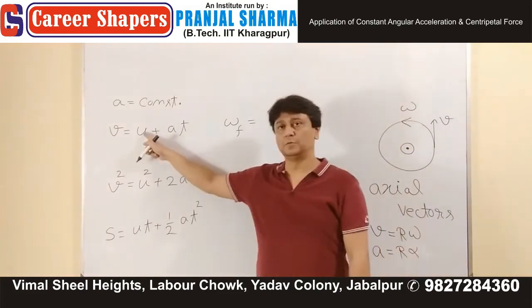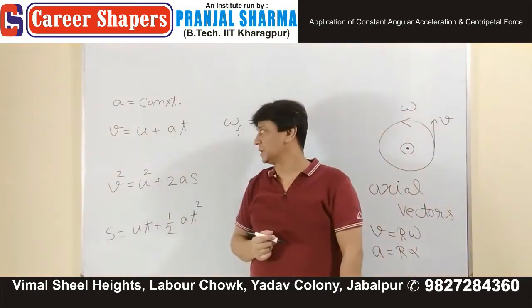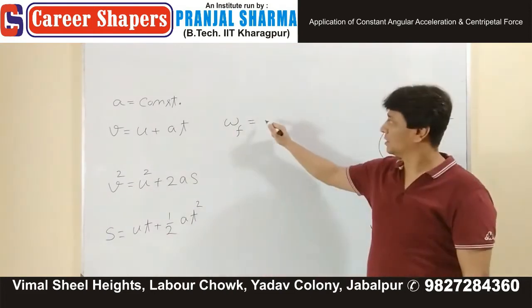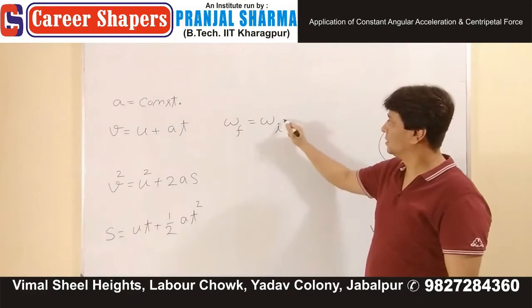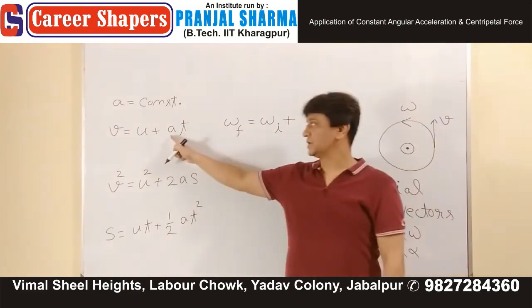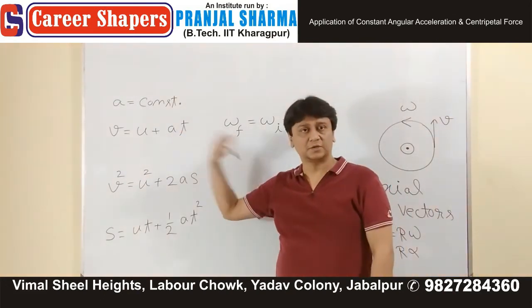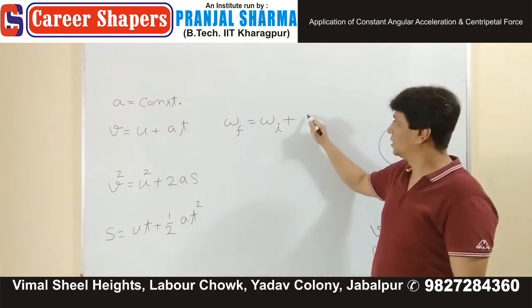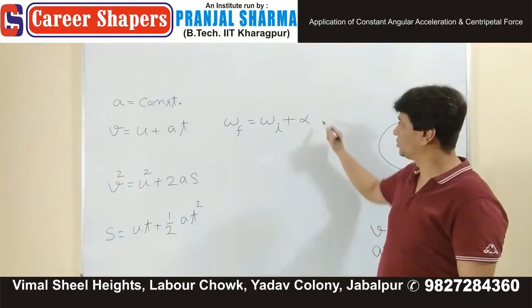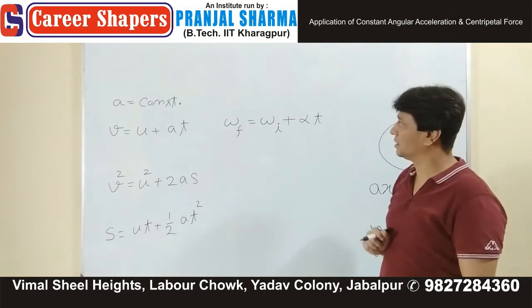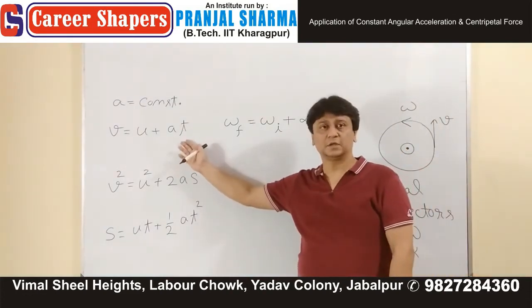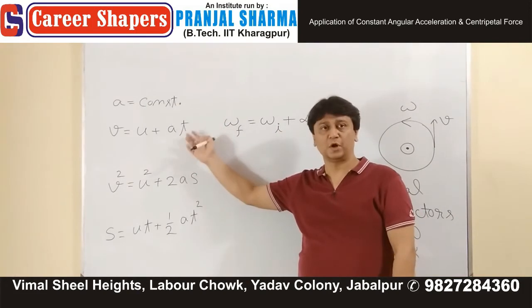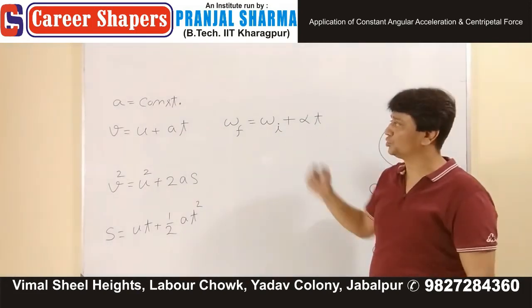What is U? Initial velocity. Call it omega initial. What is A? Acceleration. Call it angular acceleration, into T. This is kinematics, motion in 1D. This is circular motion.